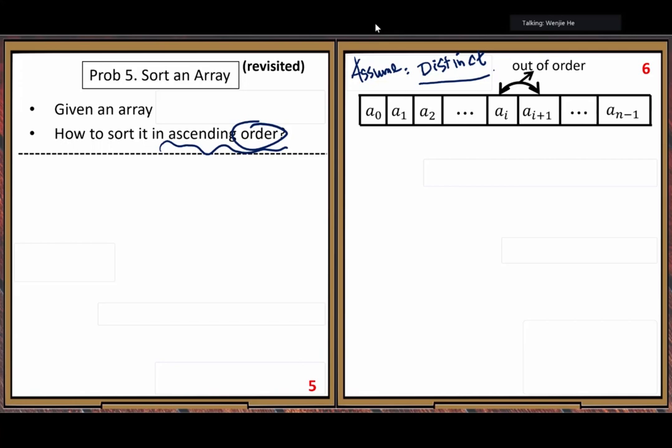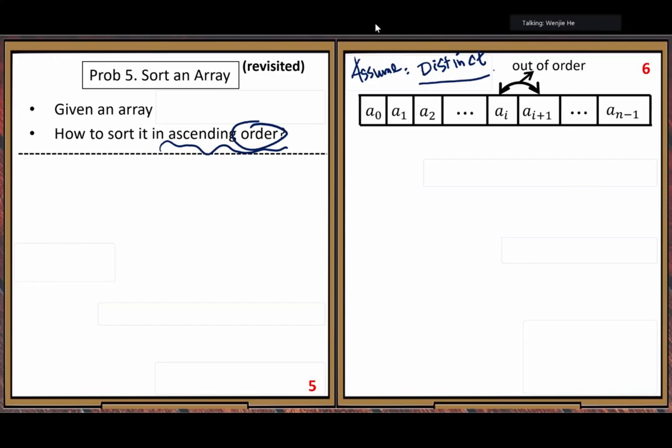Descending order, we don't like it. Descending order is yucky. So descending order, that's the part we need to do work to fix it. When you detect the descending order, you need to fix it, right? When you detect ascending order, you do nothing. You leave it there.